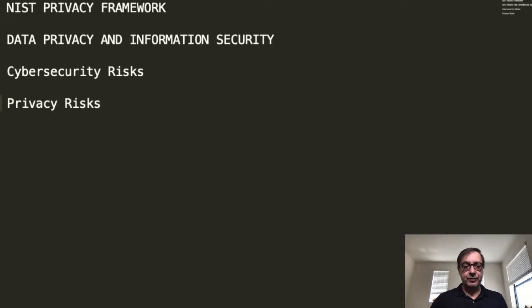So cybersecurity risks are commonly understood to arise from the loss of confidentiality, integrity, and availability, right? And managing cybersecurity risk, of course, contributes to managing privacy risks, okay? But it's not sufficient on its own, as privacy risks can also arise by means unrelated to cybersecurity incidents. And the overlap of cybersecurity and privacy risks comes in when we talk about data breaches. But we also know that privacy risks extend beyond that.